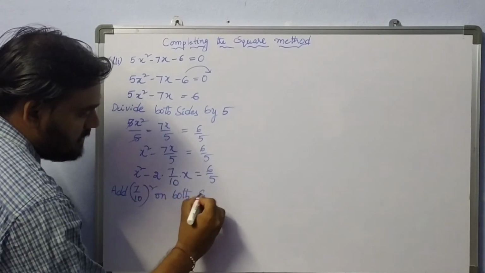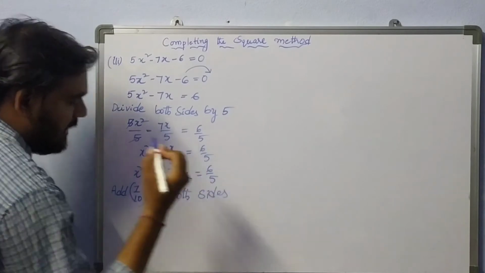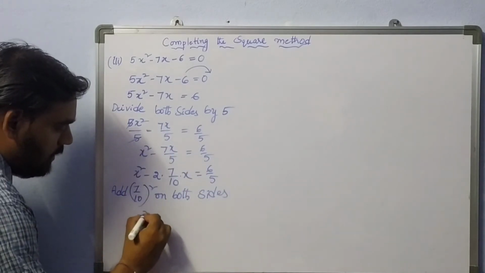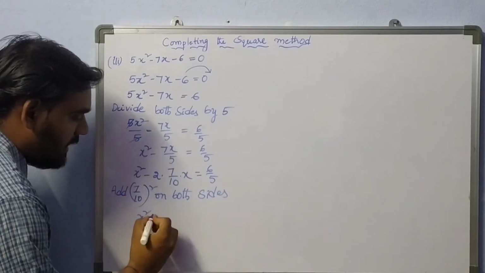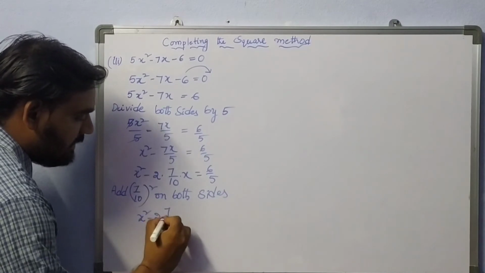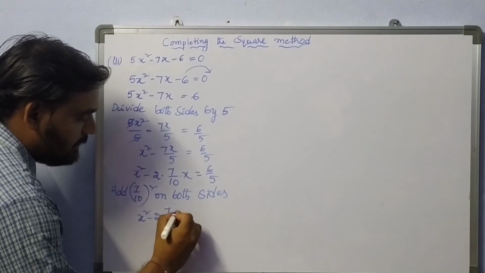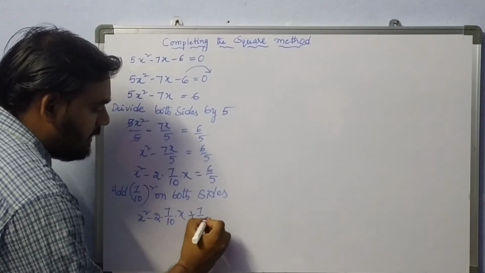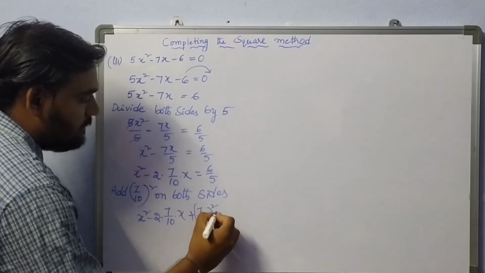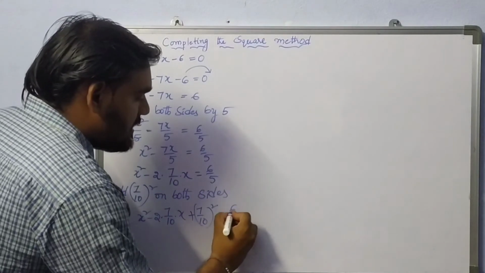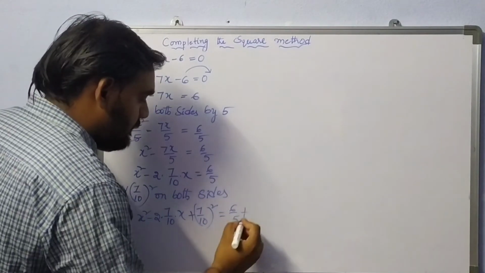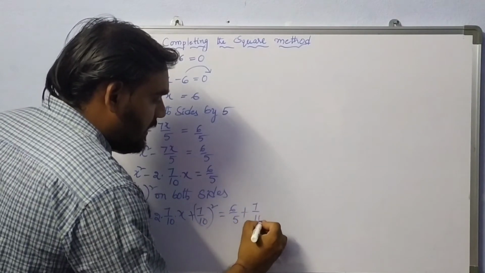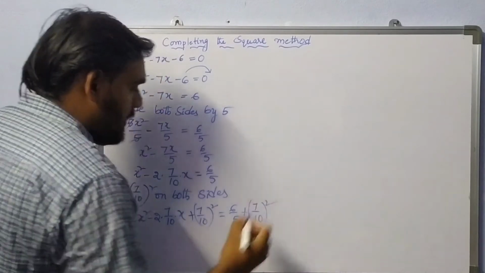Now we will get x square minus 2 into 7 by 10 into x plus 7 by 10 whole square is equal to 6 by 5 plus 7 by 10 whole square.